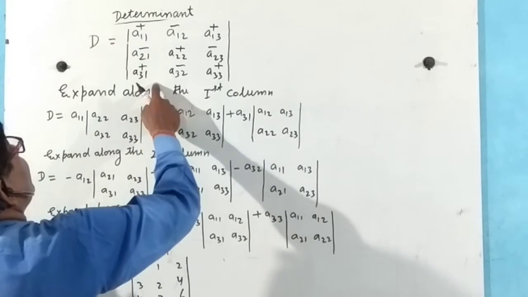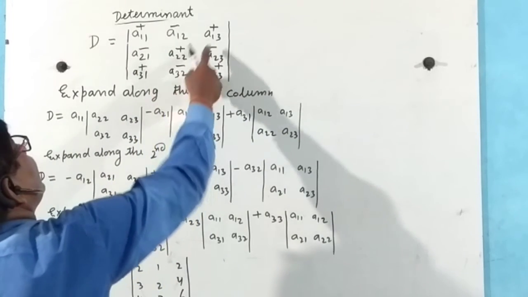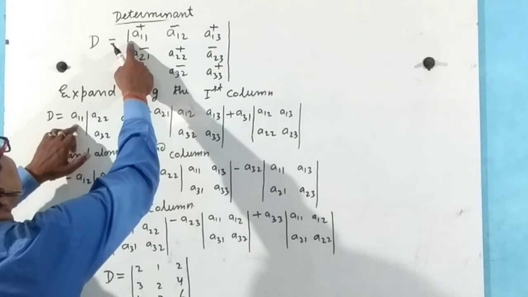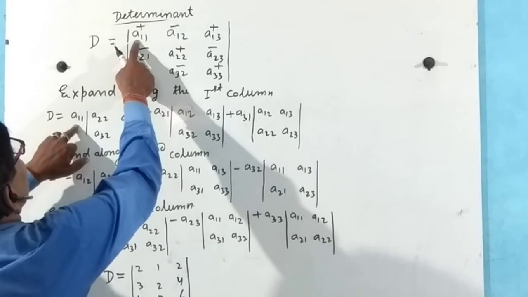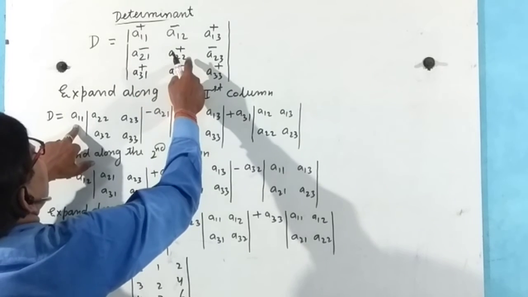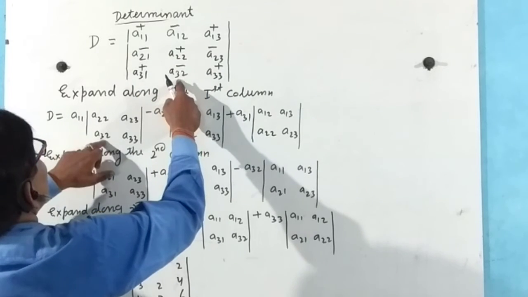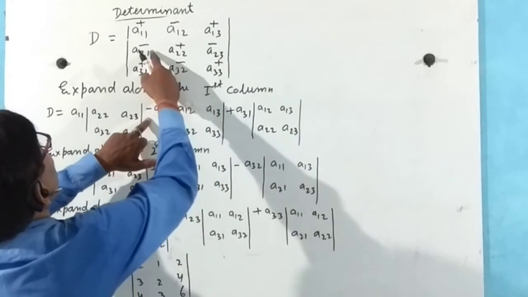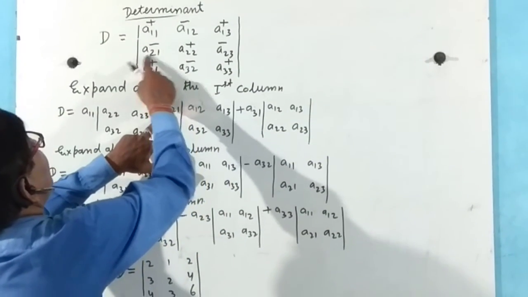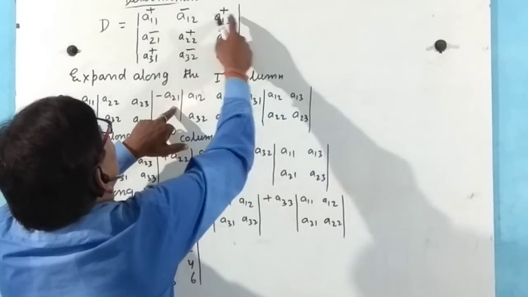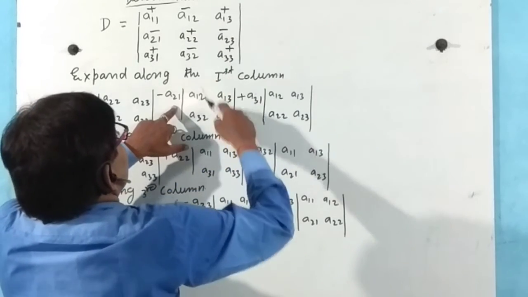This is the first column, this is the second column, and this is the third column. Now first column, the value of determinant A11 plus deleting this and this is the remain A22, A32 and A23, A33. Now this is the negative minus A21 and deleting this and this.